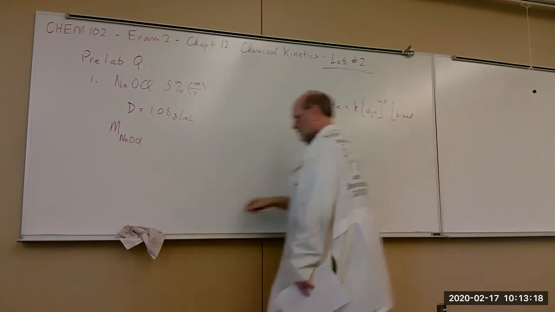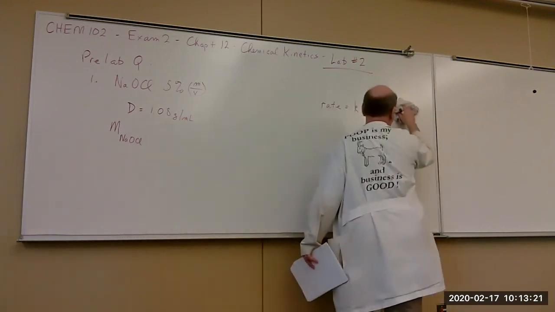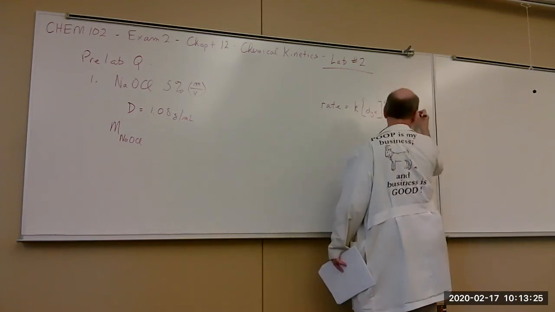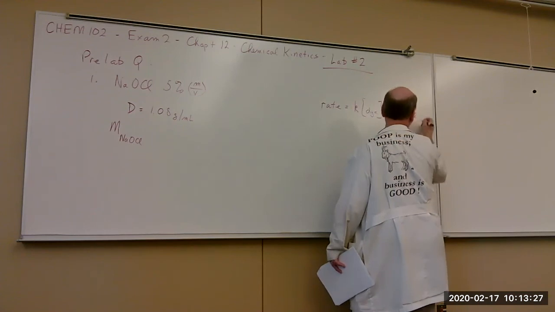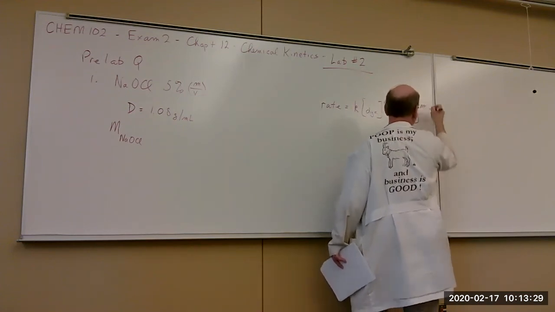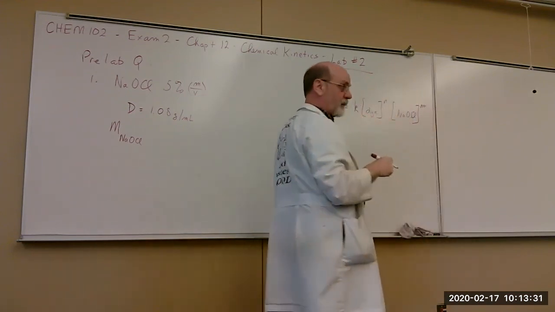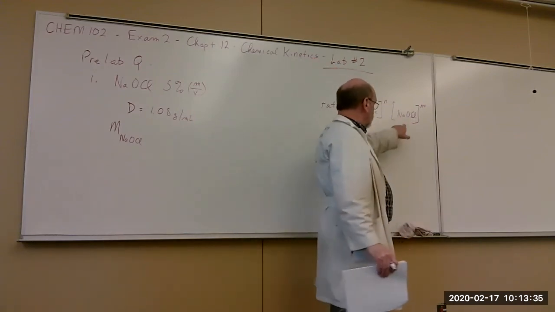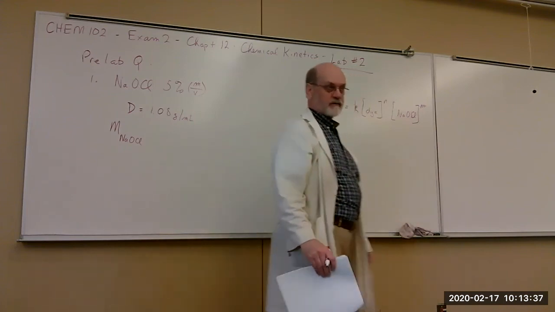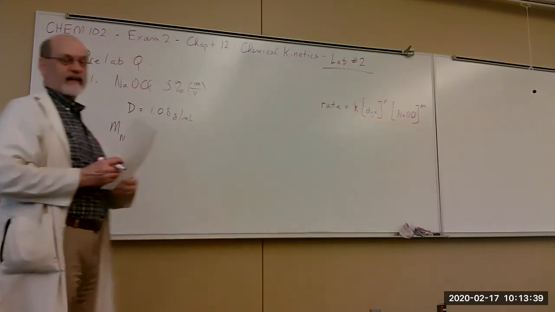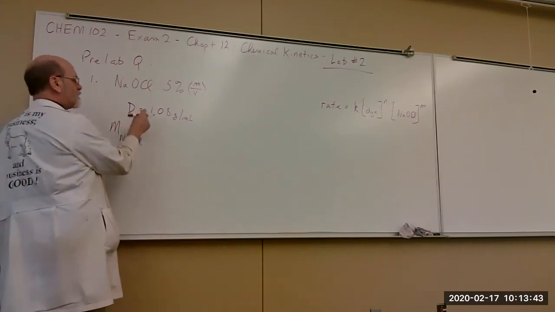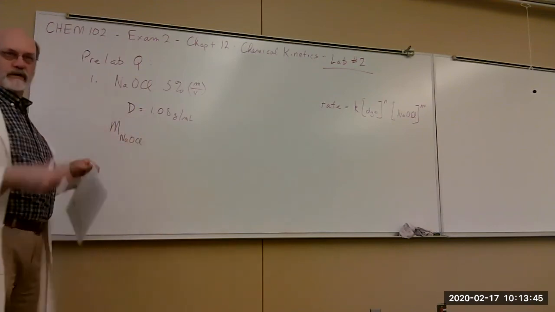Well, actually, I should be more consistent there. Sodium hypochlorite to its order. So if we're going to write this correctly, we need to know the concentration of the bleach in the reaction solution. And the first step in that is knowing what's the concentration in the stock before you dilute it.